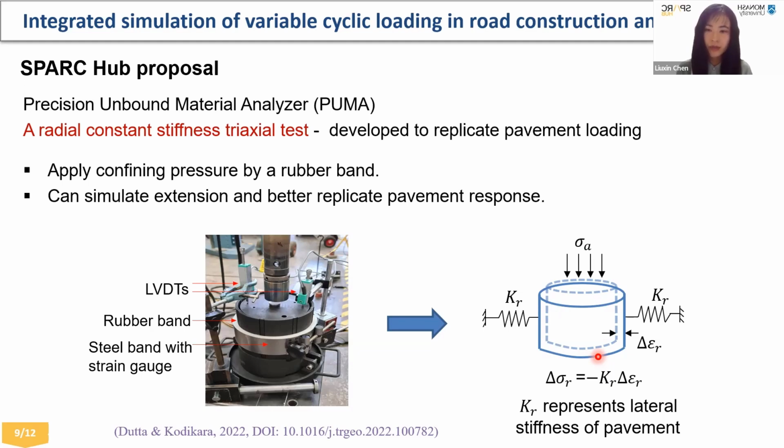And the radial stress will be locked in. If we reduce the axial stress, then the radial stress can be greater than the axial stress. So soil undergoes extension. This PUMA device also has other advantages. For the details, you can refer to this paper.